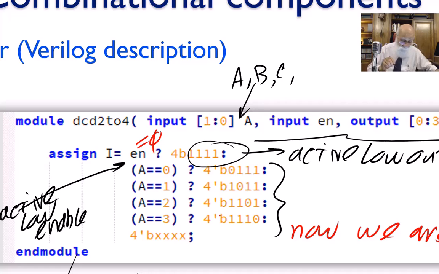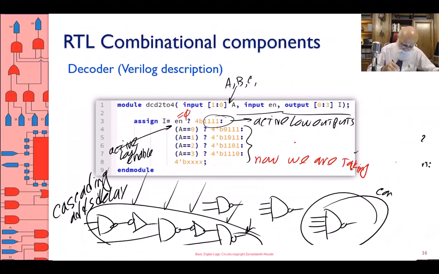The way it works is you put the size there. 4 is the size. Single quote, then hex or B or decimal. Okay, here I'm using B for binary.